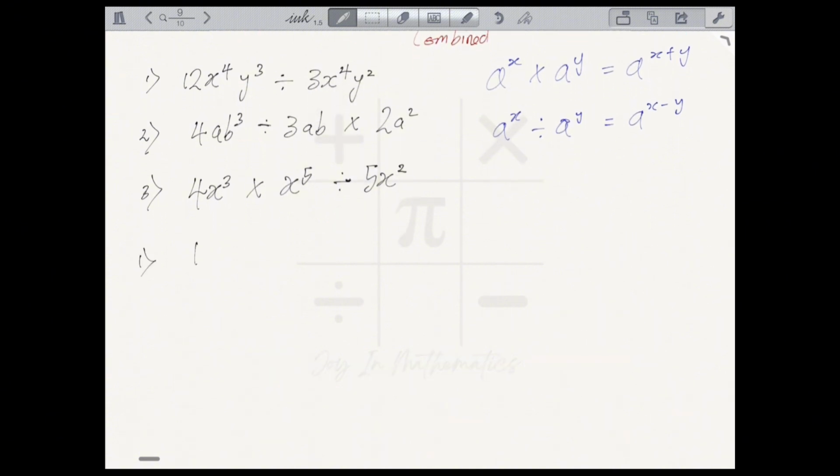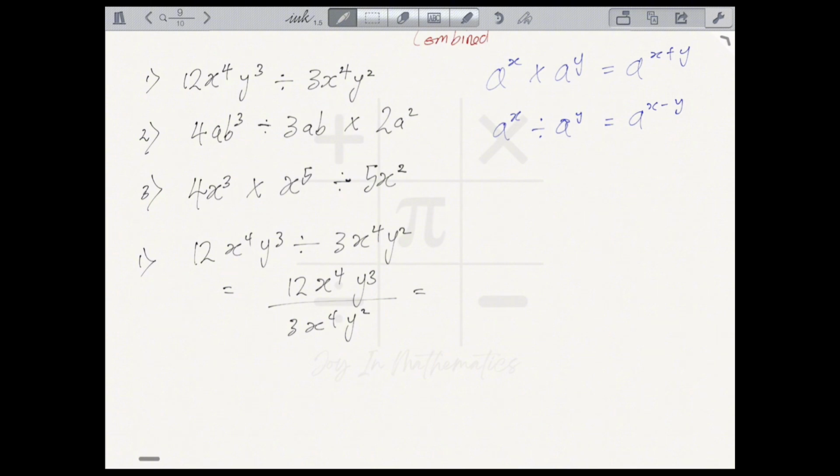Let's begin with number 1. We have 12x raised power 4 y raised power 3 divided by 3x raised power 4 y raised power 2. Now, to have a better view of this, we put it in this format.